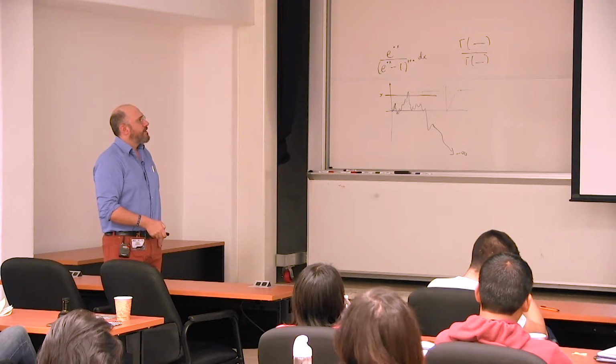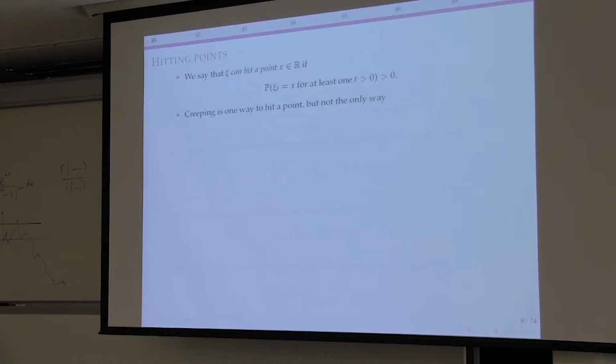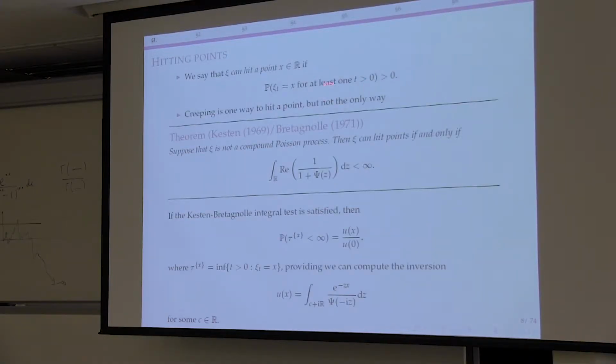So when you're asking the question, can I ever hit a point? Well, of course, you can do it by creeping, but it's not the only way. So you can hit a point by crossing upwards continuously, but of course, not necessarily.